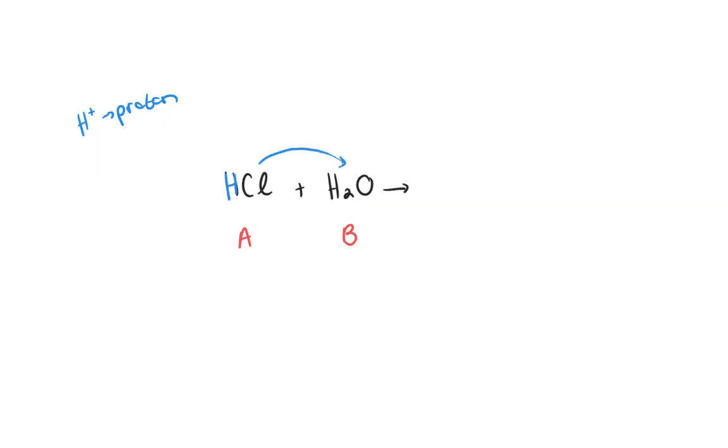So this one loses that proton and it just becomes a Cl minus ion. Remember, it loses a positive charge. This one, like it is here, is neutral, so if it loses a positive charge, it becomes negative. And the same, my base receives that hydrogen atom.